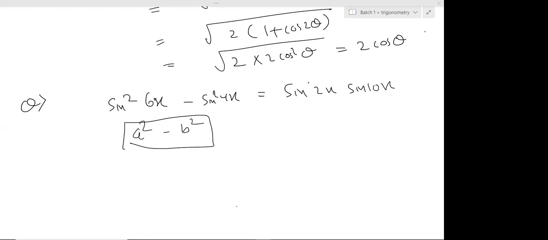So first we need to simplify it as sine 6x plus sine 4x times sine 6x minus sine 4x. Right? Yes, sir.